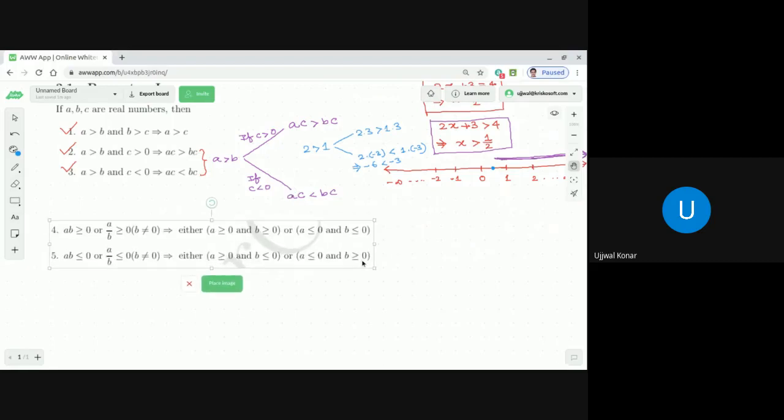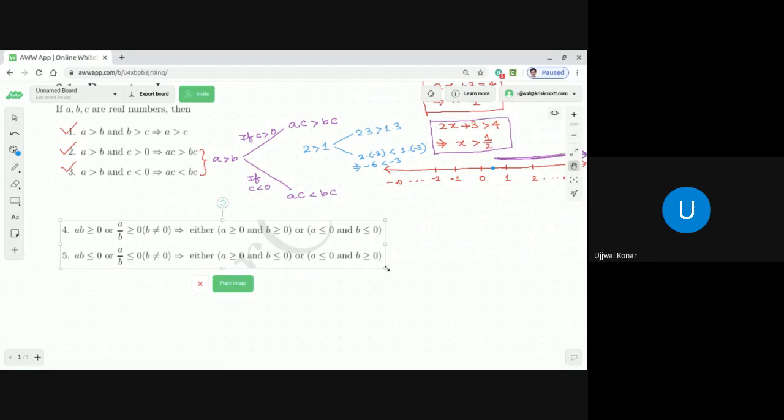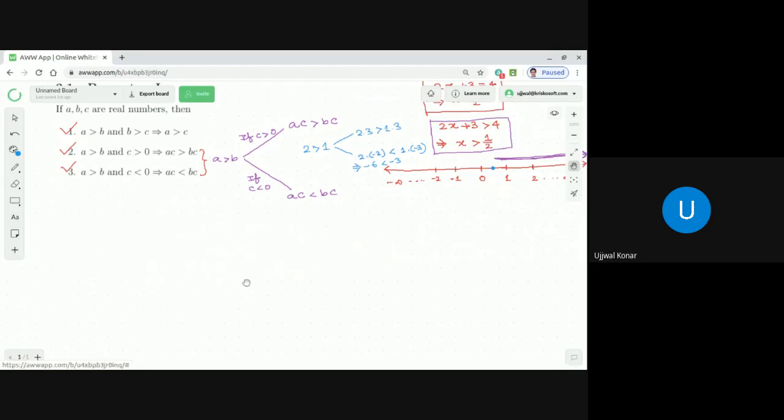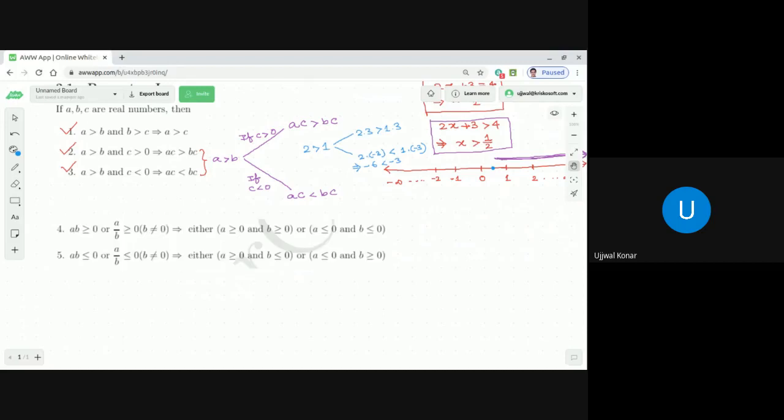Let me first explain this, then I'll tell you where the mistakes generally happen. Suppose it is given that A into B is greater than or equal to 0, or A by B is greater than or equal to 0. So when we say that A by B is greater than or equal to 0, obviously B is not equal to 0.